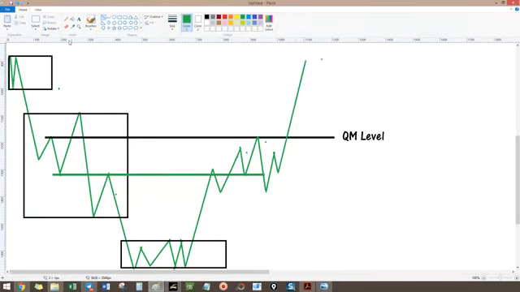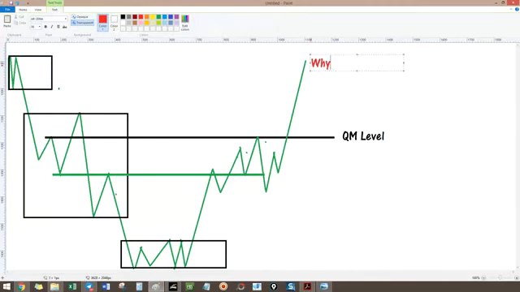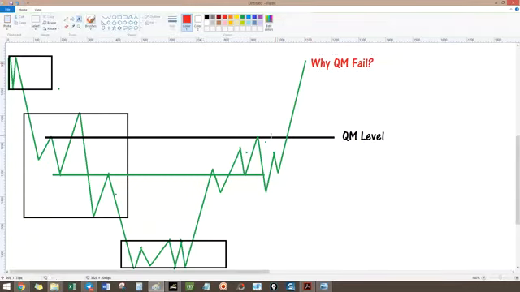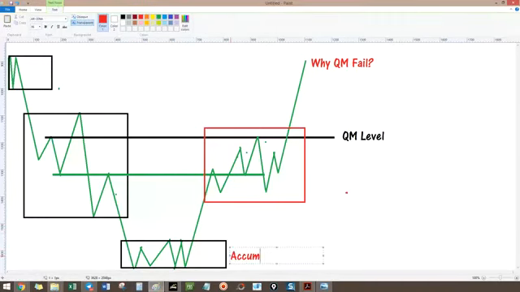Okay, why does price shoot up? Why does QM fail? Because this is accumulation, and this is re-accumulation.